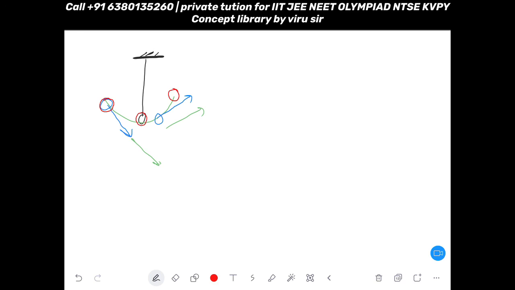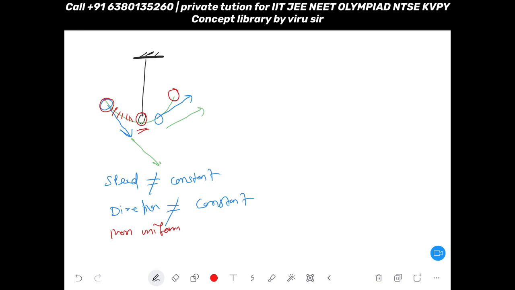Here it is again 0, and in between the speed increases when it is near the midline. So you can see speed is not constant. Direction is again not constant. Any one is not constant. That's all. Velocity is non-uniform. So it is non-uniform motion because velocity is not constant.